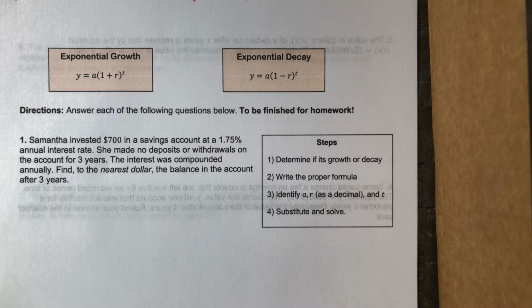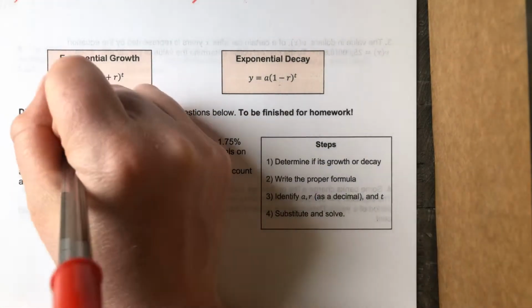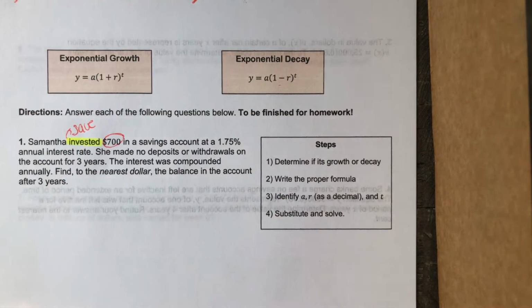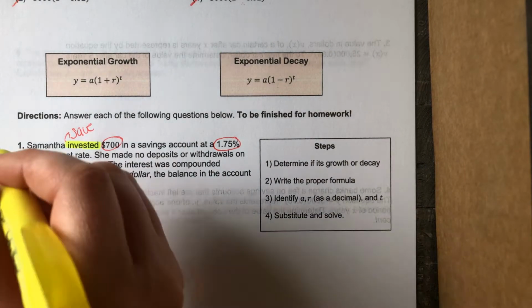Okay. Samantha invested $700 in a savings account at a 1.75% annual interest rate. So I see the keyword invested. We just went over in the do now, that means to save money. I know that she's saving $700 at 1.75% annual interest rate.